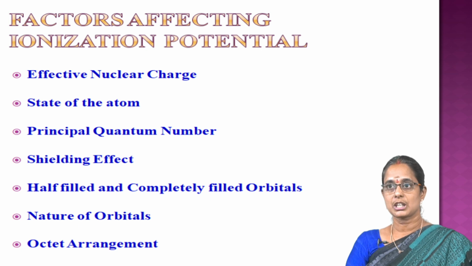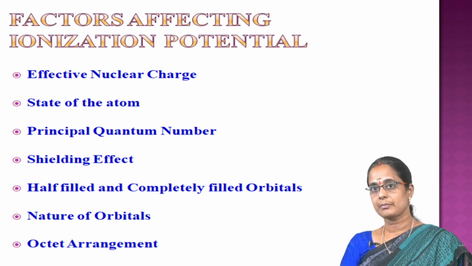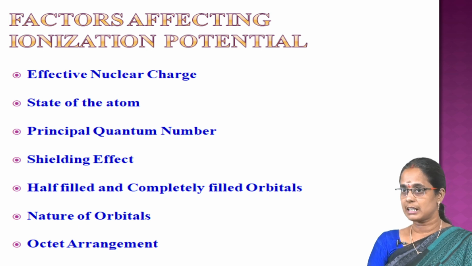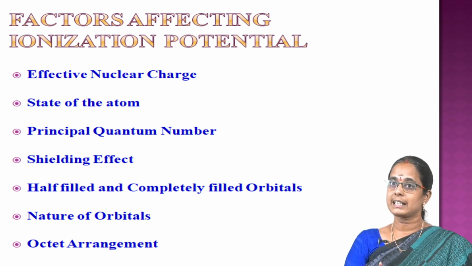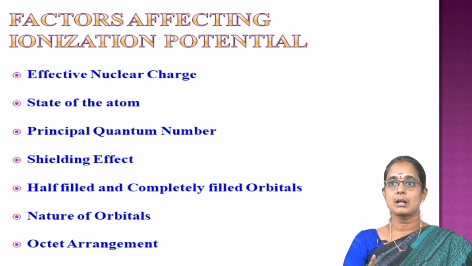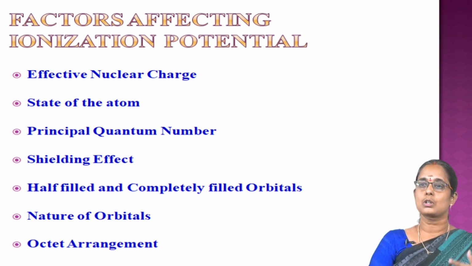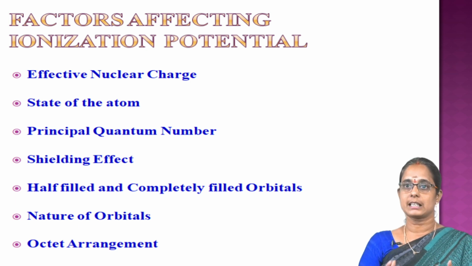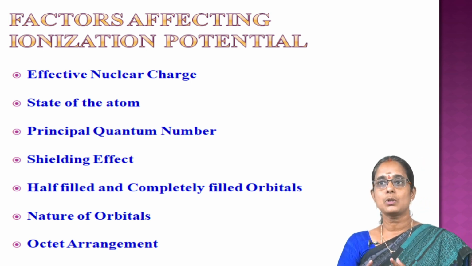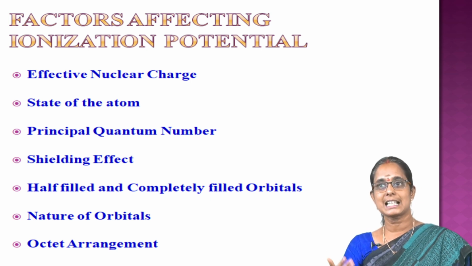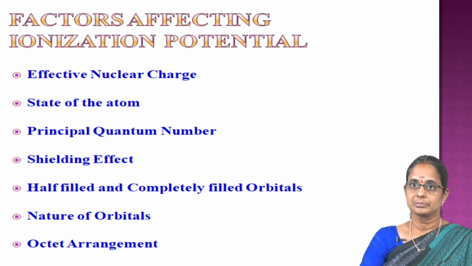This is called the shielding or screening effect. If the shielding effect increases, the ionization potential will decrease. The shielding effect is indicated by sigma, the shielding constant. As we move down the group, the inner shell electrons increase, so the magnitude of the shielding effect increases, and the ionization potential decreases.